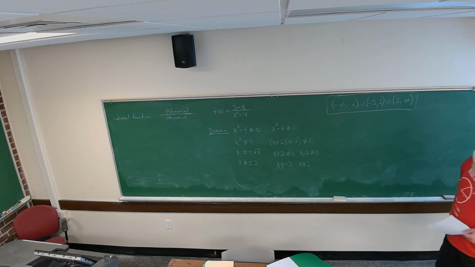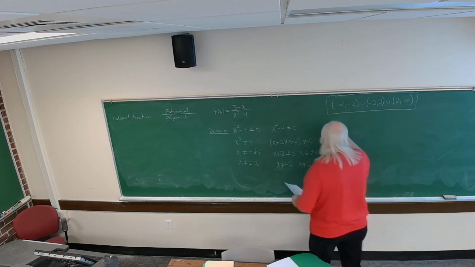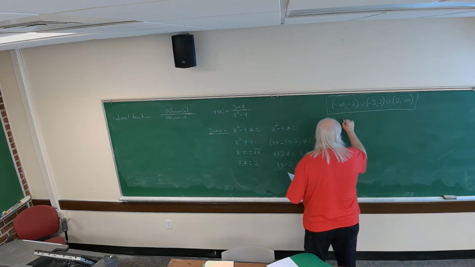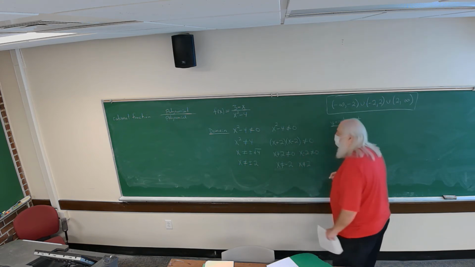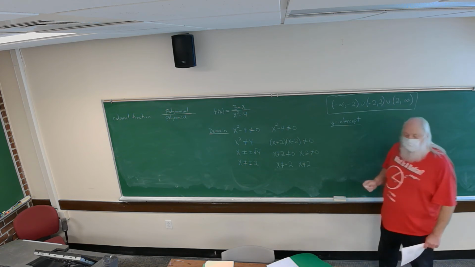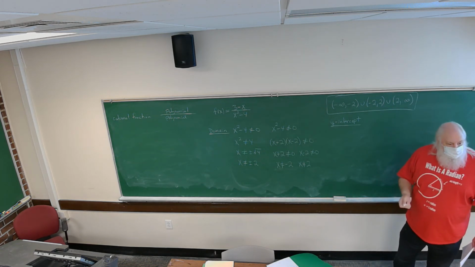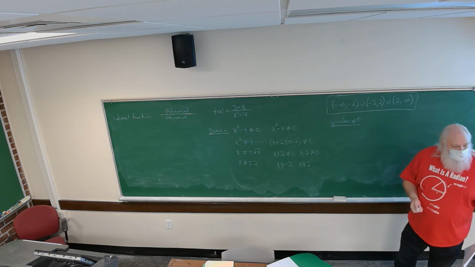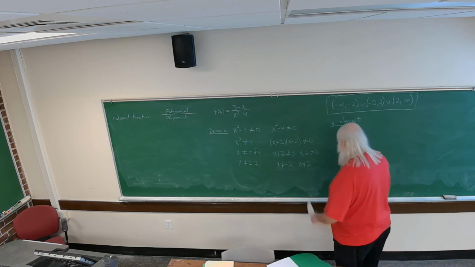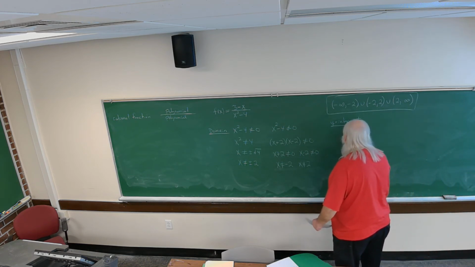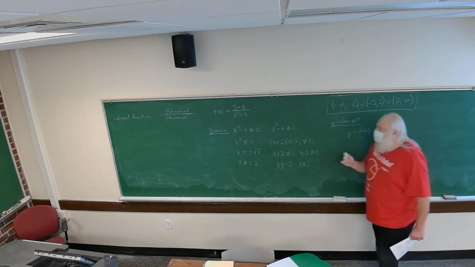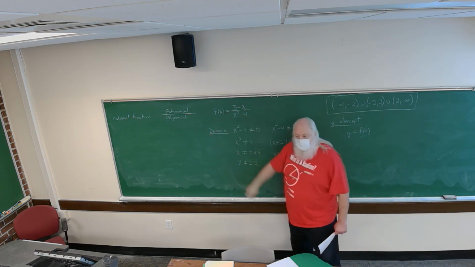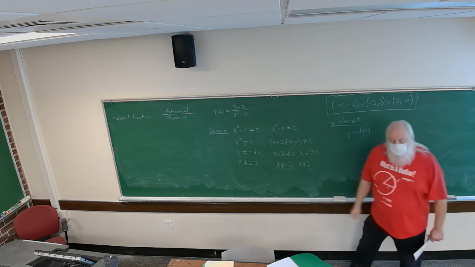Now to find the y-intercept, what's the procedure? Set x equal to 0 and solve for y. So the y-intercept is just the value of the function at x equals 0. Remember, y values and function values are the same.